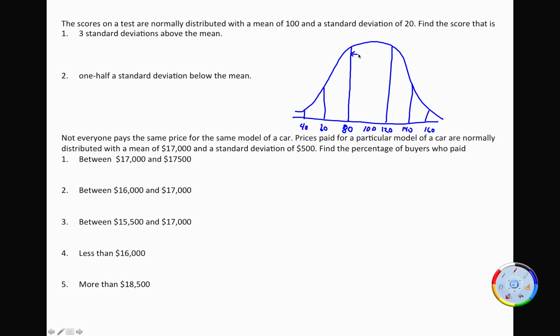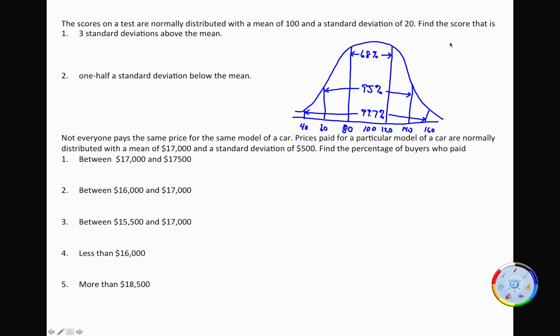Okay, and I know that 68% of the data fall within one standard deviation, 95% fall within 2 standard deviations, and 99.7% fall within 3 standard deviations of the mean.